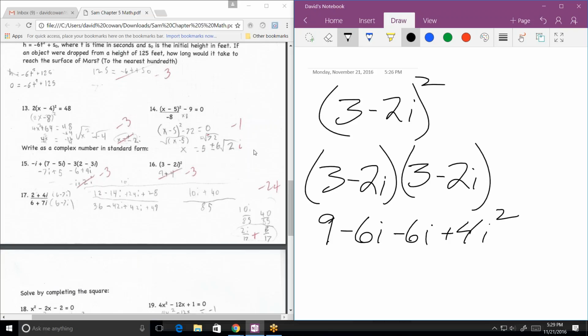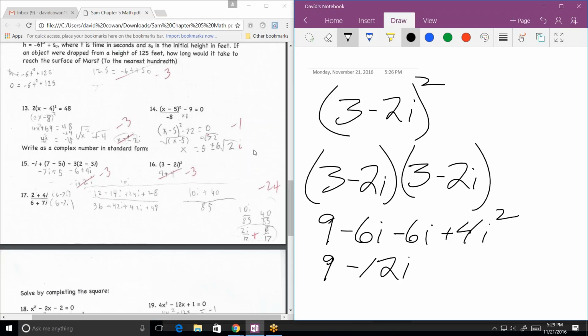Now, let's simplify this. I got 9. The 2 middle terms always combine. What do they become? The 2 middle terms become 0. No, minus 6i minus another 6i. It becomes minus 12i. And then finally, i squared is equal to what?